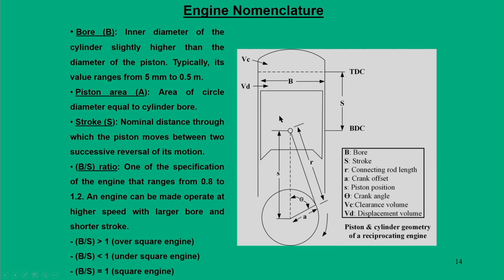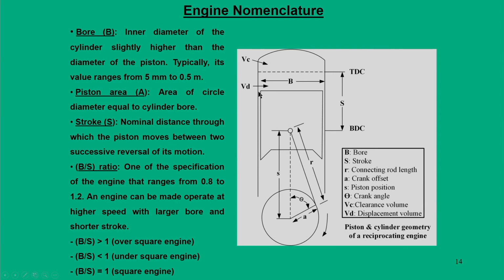But at this point of time we will discuss some important terms with respect to engines. The first important term is engine bore. Engine bore is nothing but the inner diameter of the cylinder, which is slightly higher than that of the piston.